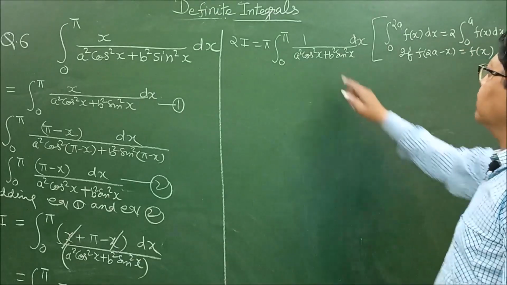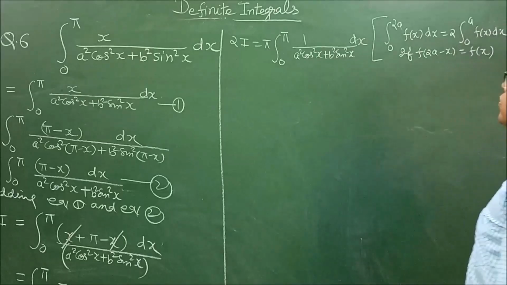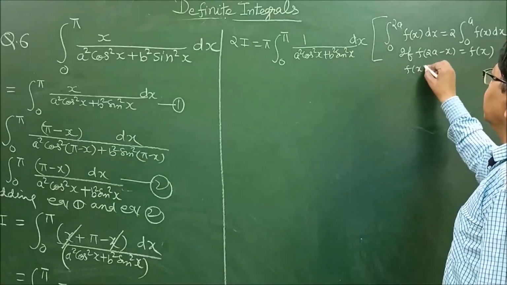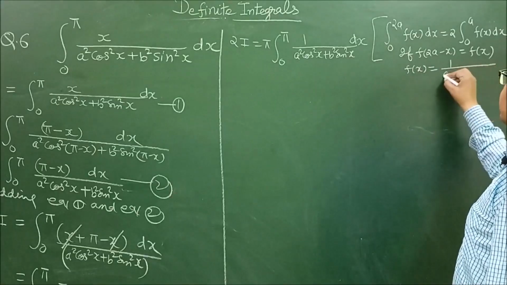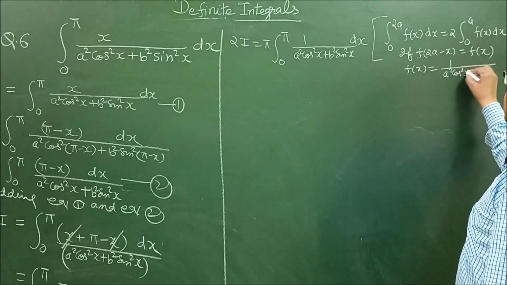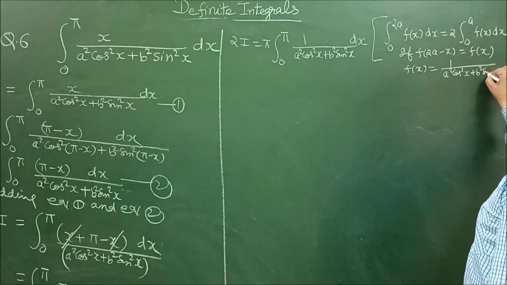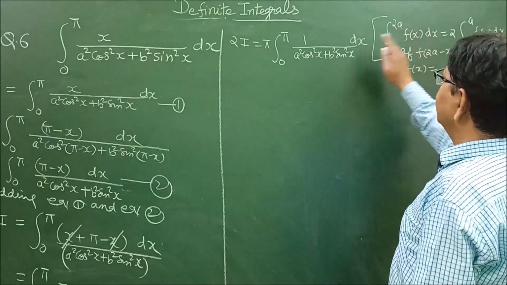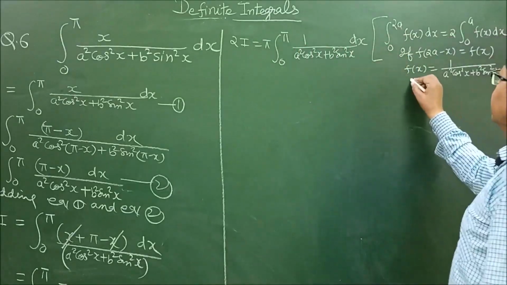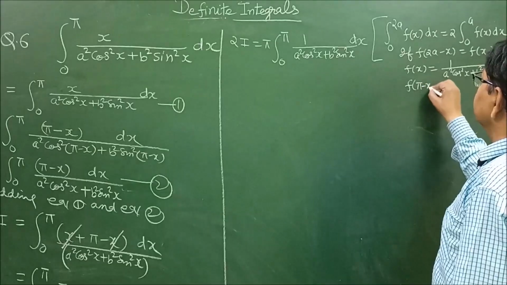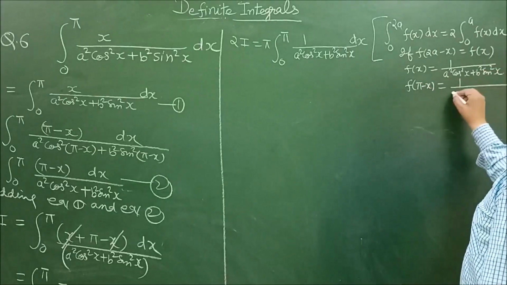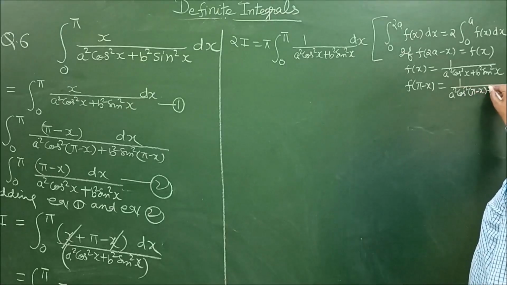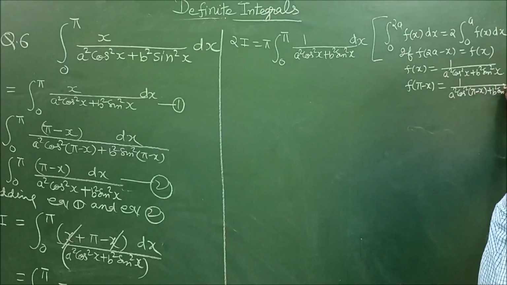Here the function f(x) is equal to 1 upon a square cos square x plus b square sin square x. If I replace this x by 2a minus x, that is pi minus x, then f(pi minus x) is equal to 1 upon a square cos square (pi minus x) plus b square sin square (pi minus x).